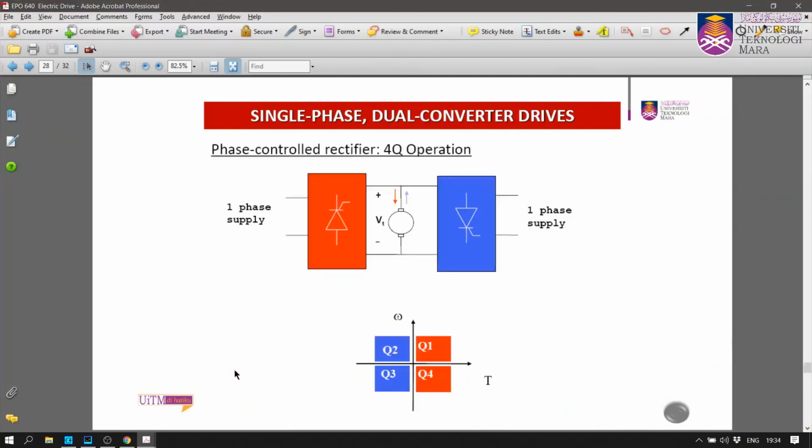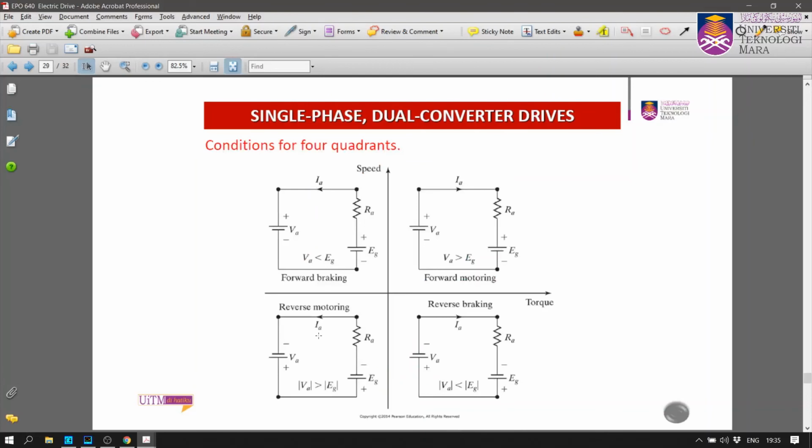This is to explain a bit more. Phase control rectifier for four quadrant operation. So you have the same single phase supply, and then you have Q1, Q4, Q2, Q3. We have discussed that. And look again. Okay, so this is where you have a positive VA, and in the case of constant positive current, VA should be greater than EG.